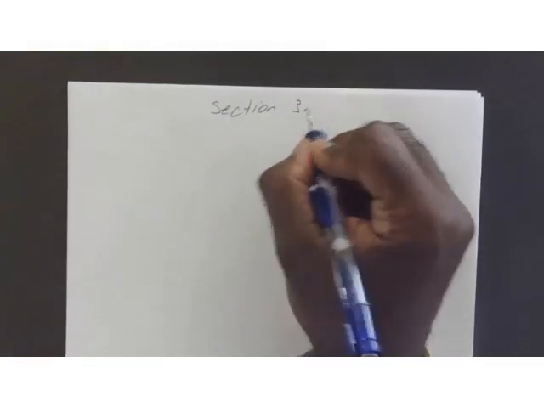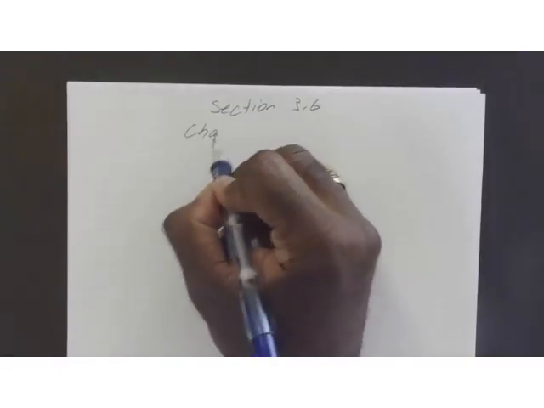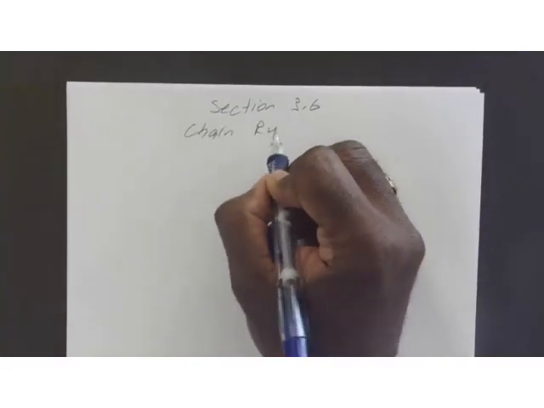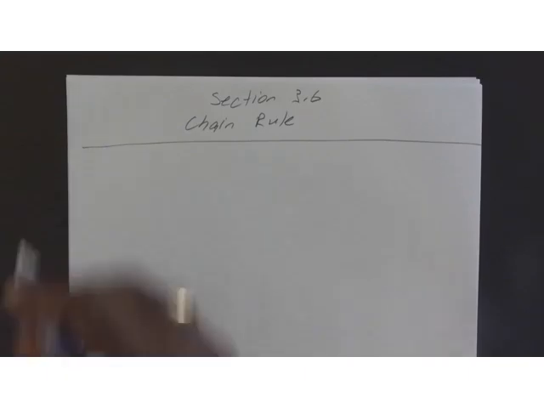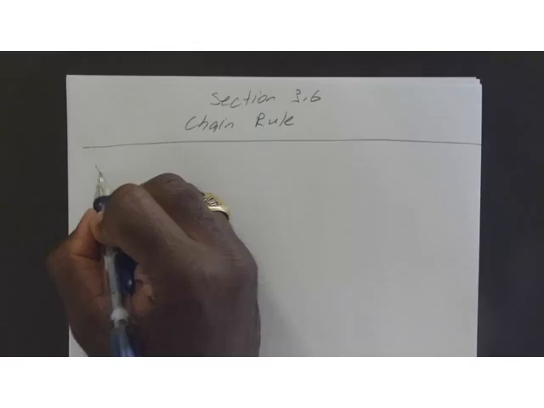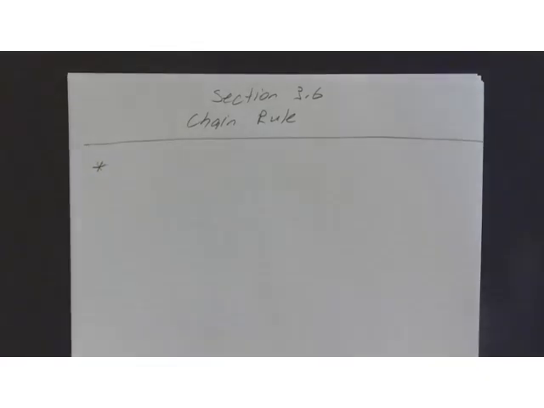So section 3.6 covers the chain rule, which is very, very, very useful. If you're taking Calc 2, Calc 3, and everything else, the chain rule is going to show up over and over and over.